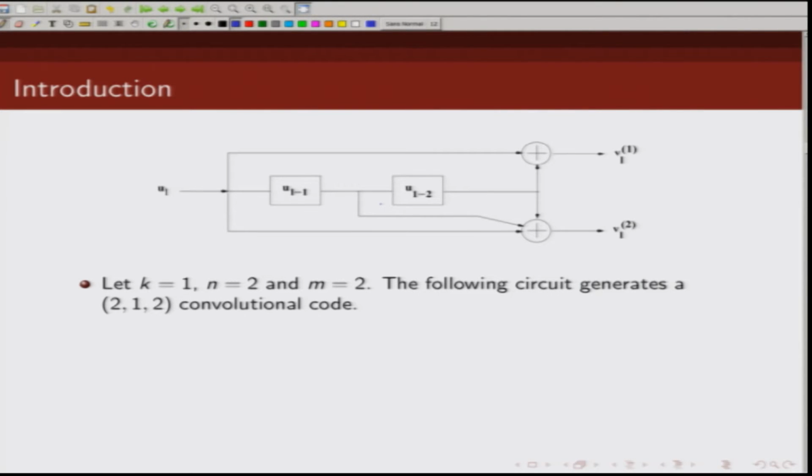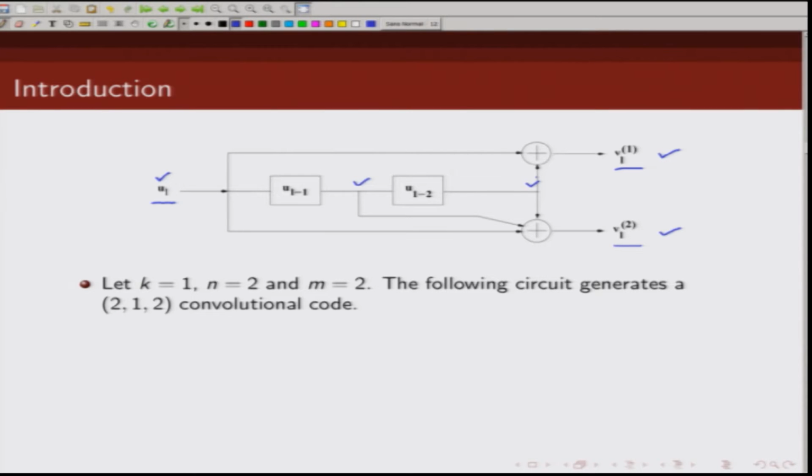We can see this is our input u_l and outputs v_l^(1) and v_l^(2). Now, note that the outputs v_l^(1) and v_l^(2) depend not only on the current input, but also depend on the past inputs as indicated by content here and content here.